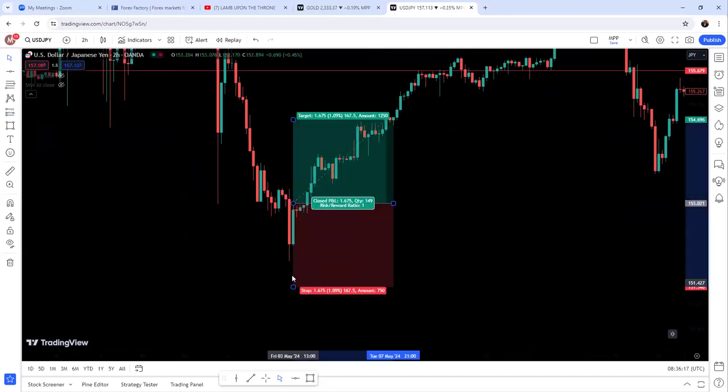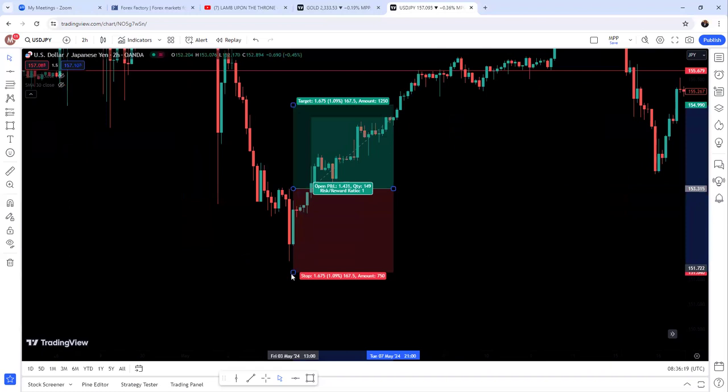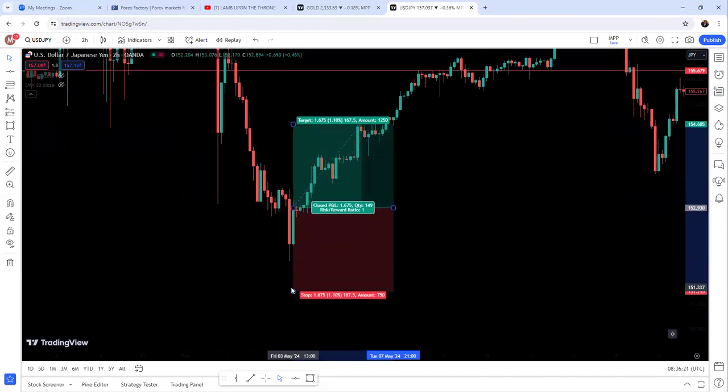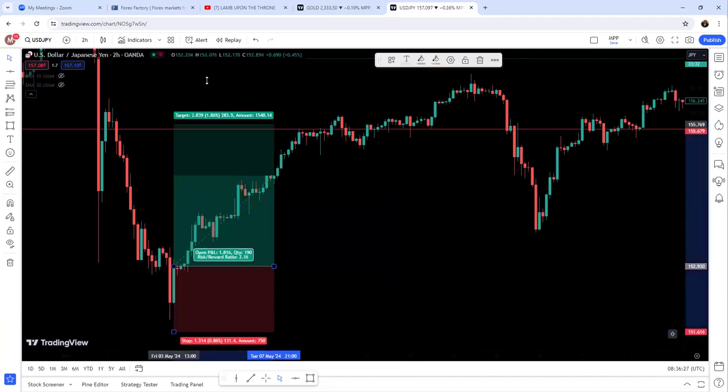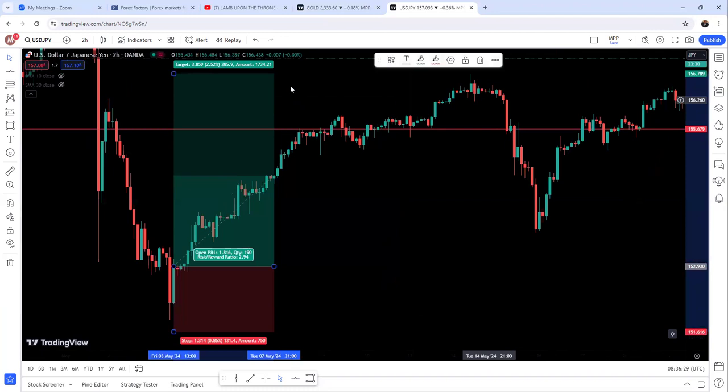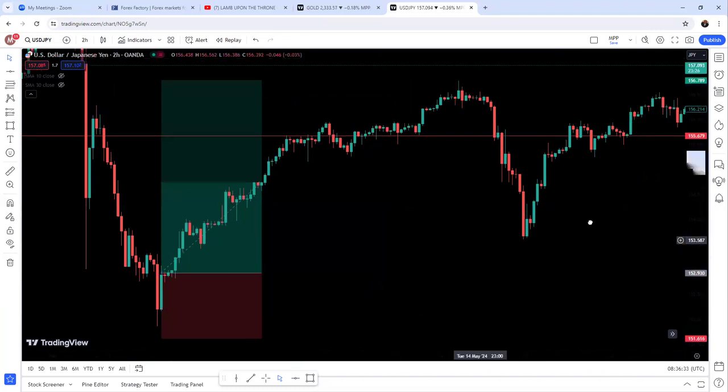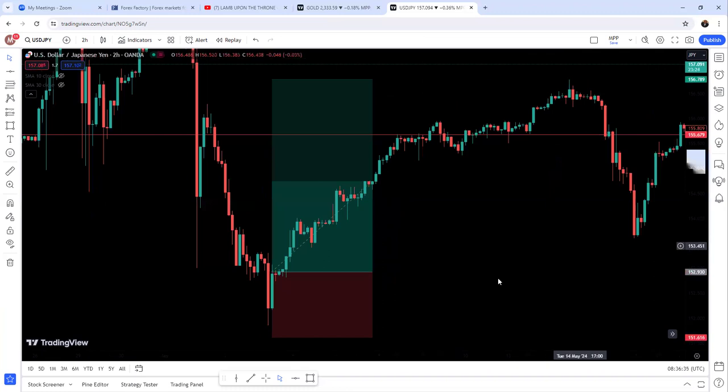You had your stop loss here. Don't move. You had your stop loss here, and here to line up with that, that's almost a 1 to 3 trade.